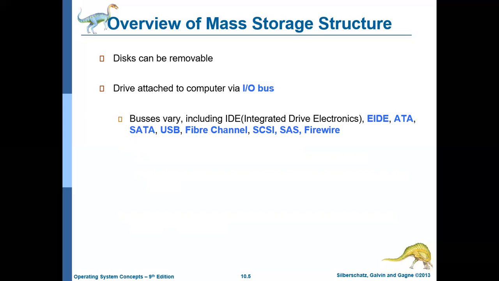And then there is a technology called SATA, serial ATA. And then USB, universal serial bus, fiber channel, SCSI, small computer system interface, SAS, and Firewire. So these are some of the different technologies which are used to connect a hard disk drive with a computer.